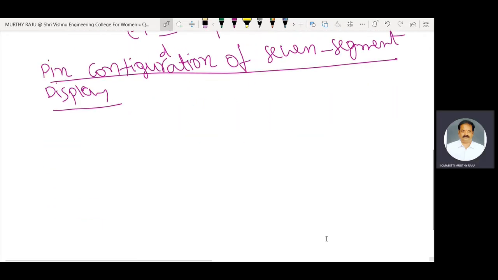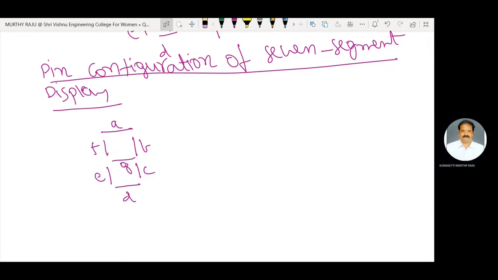Here the general pin configuration is like that. Each segment is represented by some letter: A, B, C, D, E, F, G. Here there are 10 pins, 1 to 10, five on each side.